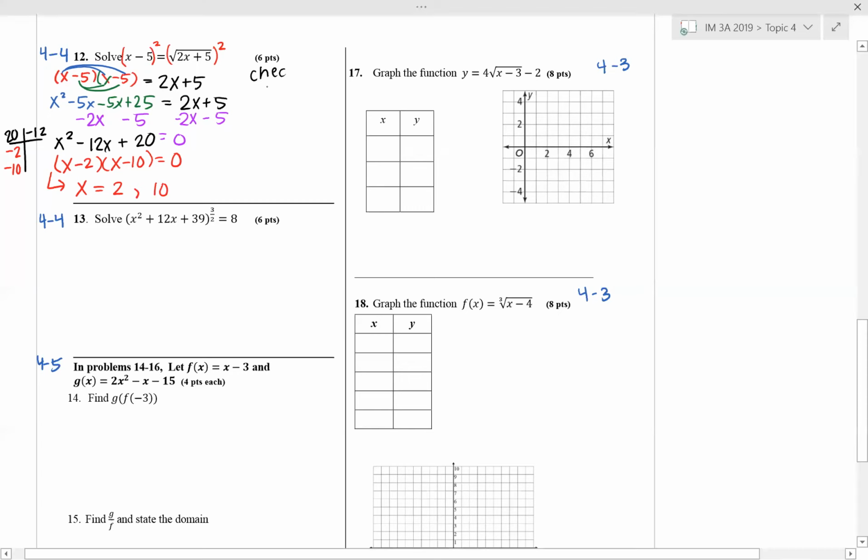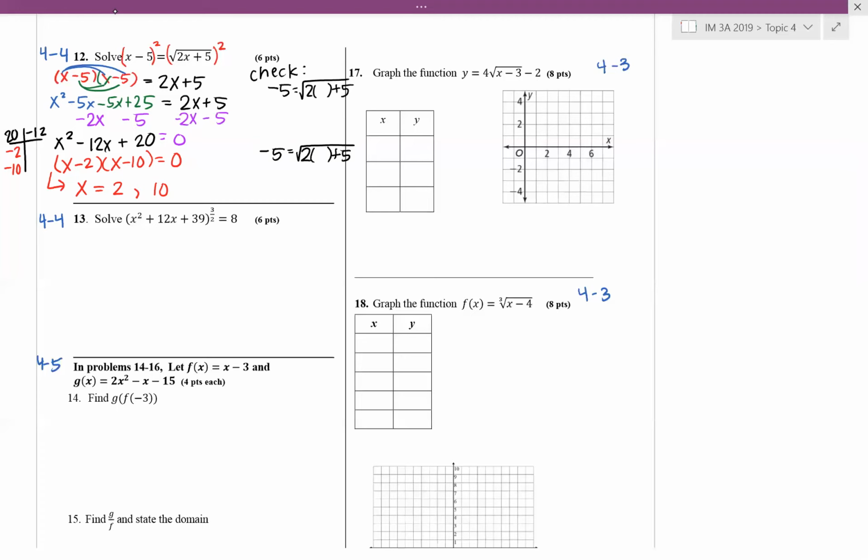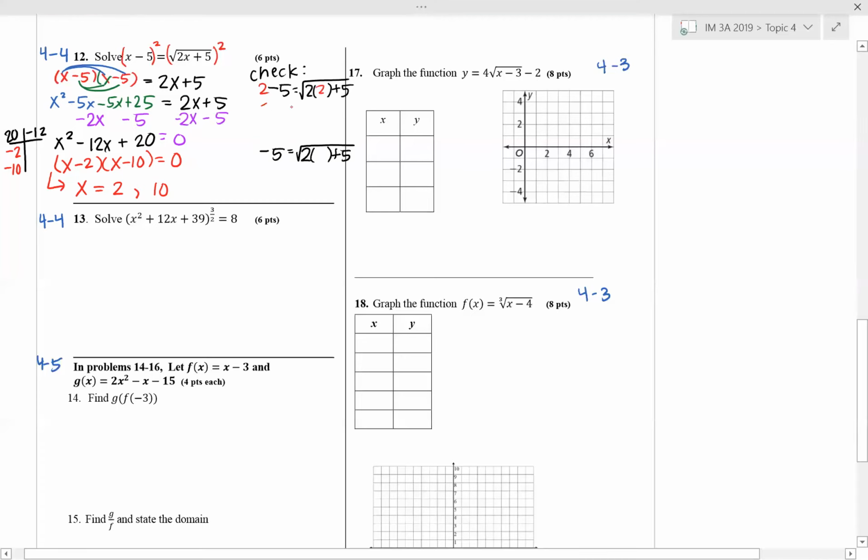Our original problem is x minus 5 equals the square root of 2x plus 5. So I'm going to write that out twice where I have some space to simplify. And so if I plug in 2, 2 minus 5 is negative 3.